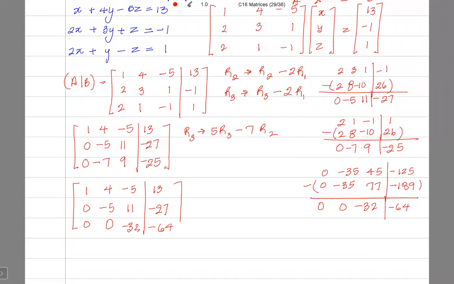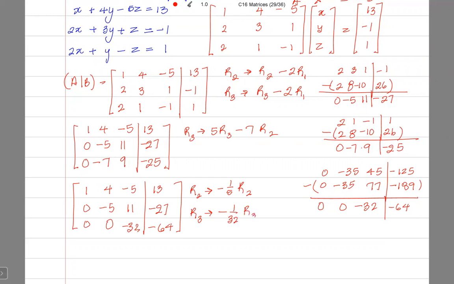All right, so next I'm going to make the leading diagonal elements become 1. Row 1 is okay already. Row 2 is going to become minus 1/5 of row 2, and row 3 is going to become minus 1/32 of row 3.